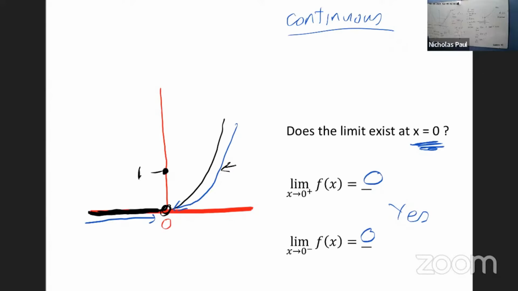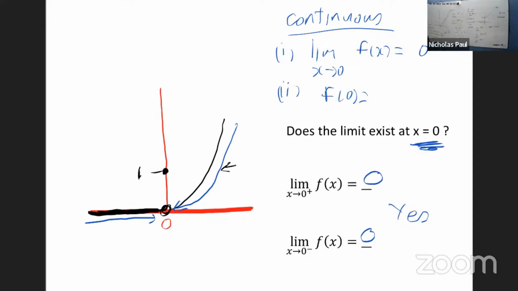Right, so the first rule in continuity is, does the limit exist? The limit exists. So the first rule is okay, right? When x approaches 0, the answer is 0. Second rule is what? f of 0. Look at your graph.